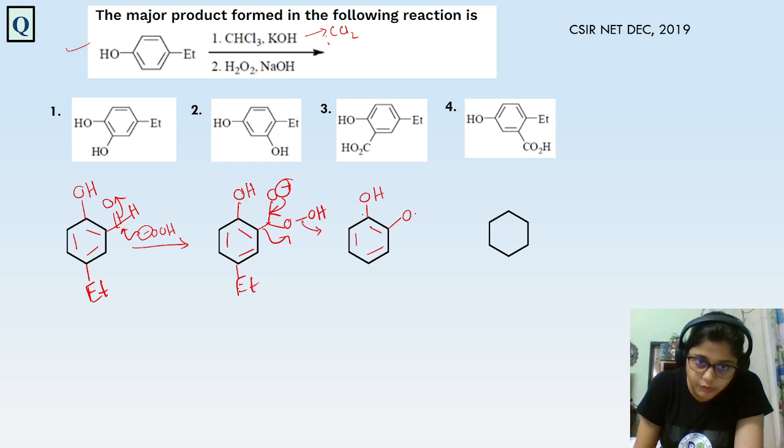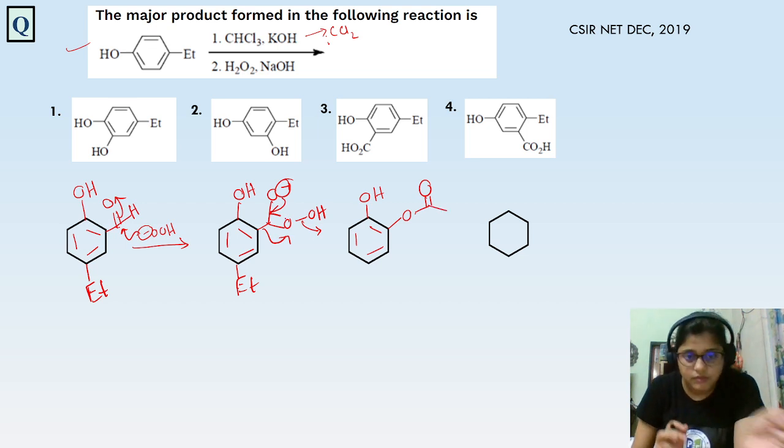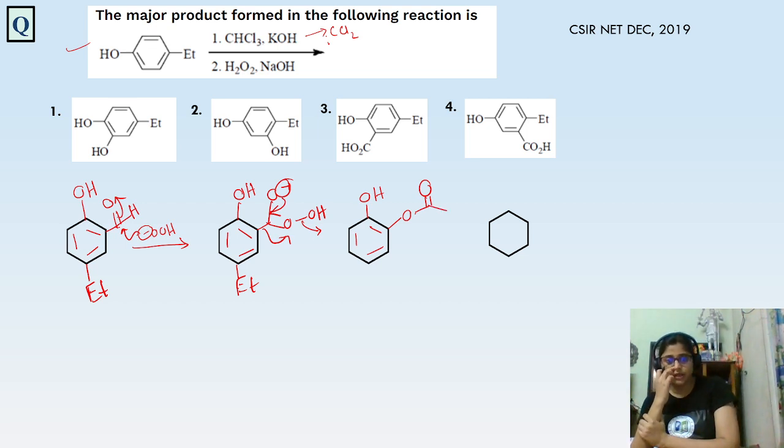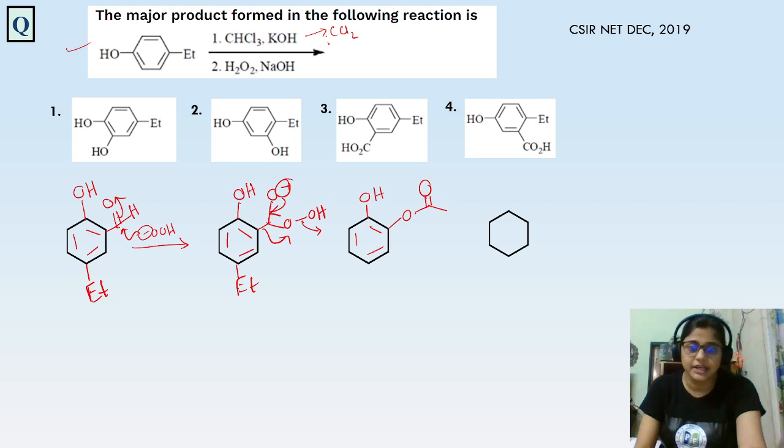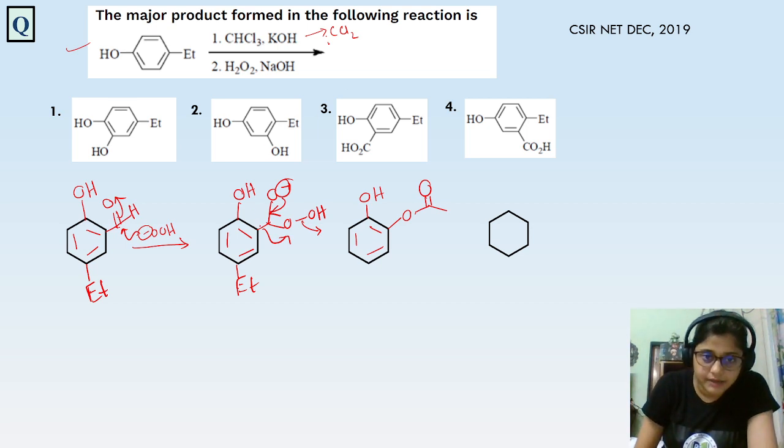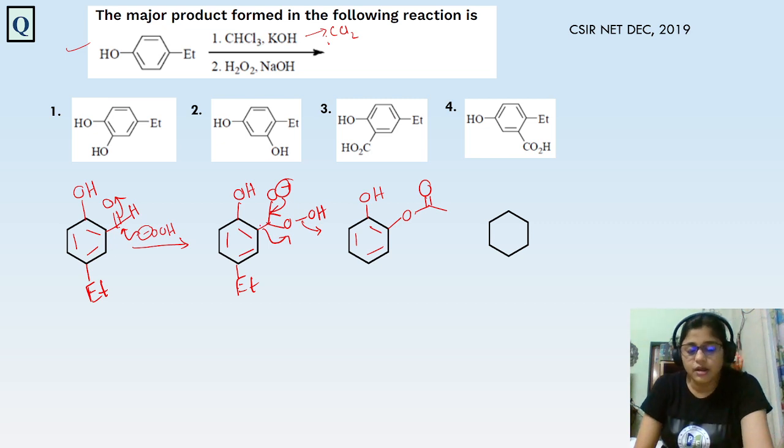This O has this CO, so OCO. Here one H is there, right? Three bonds are not possible for carbon without any charge, so here one H will be there.